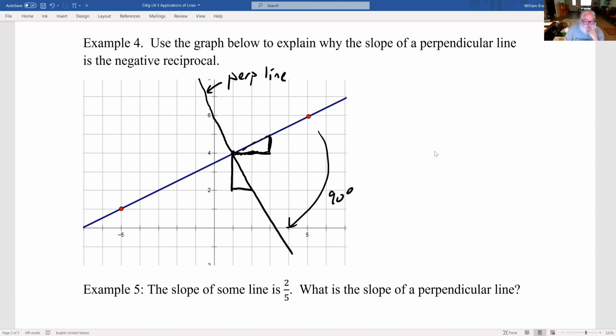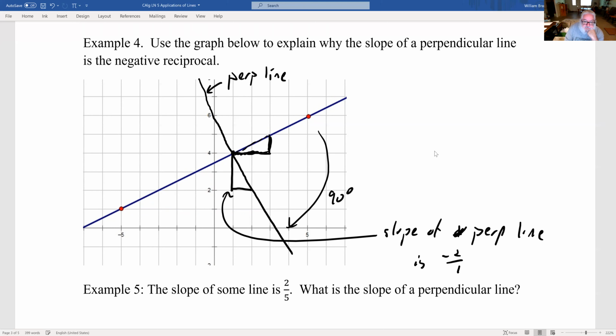So the perpendicular line goes down 2, right 1, so -2/1.